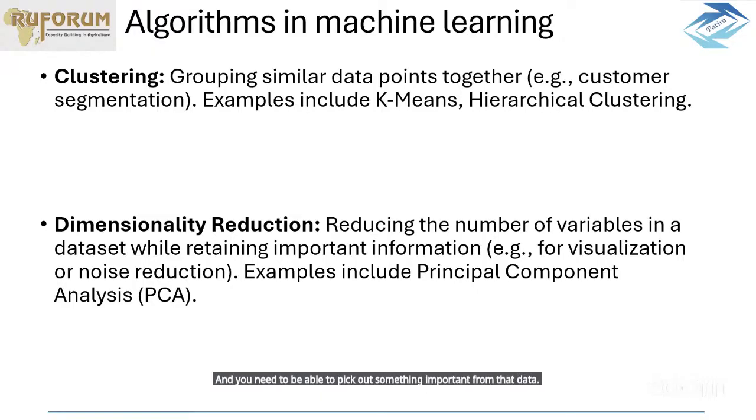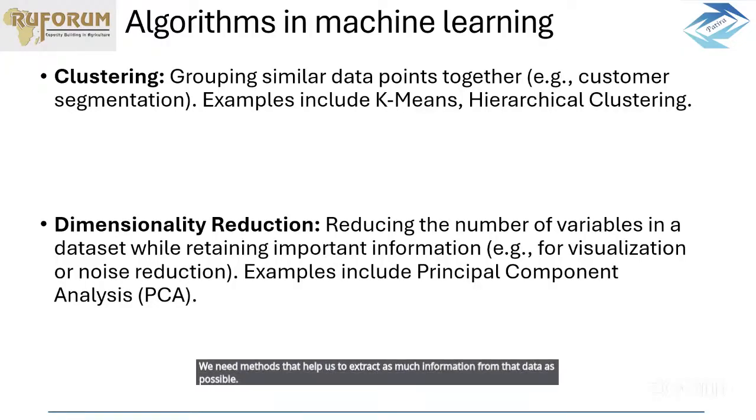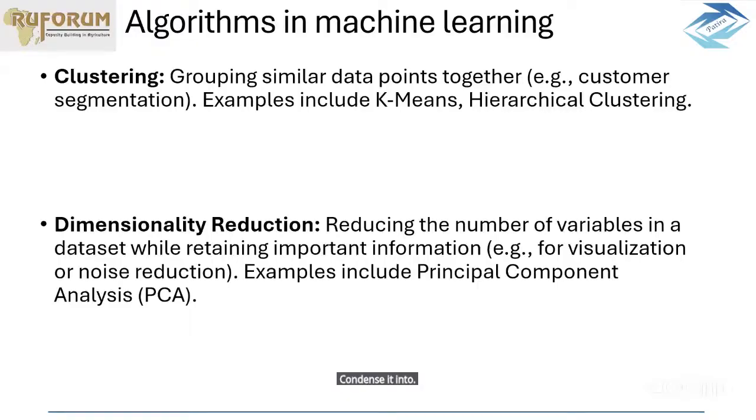You are not going to run a model that has 1,000 predictor variables, for example. So when we are dealing with large data sets, we need methods that help us to extract as much information from that data as possible, condense it into smaller data sets, possibly put them into 1 or 2 variables, and use those variables to do prediction.